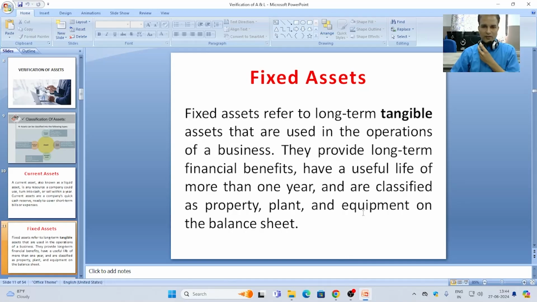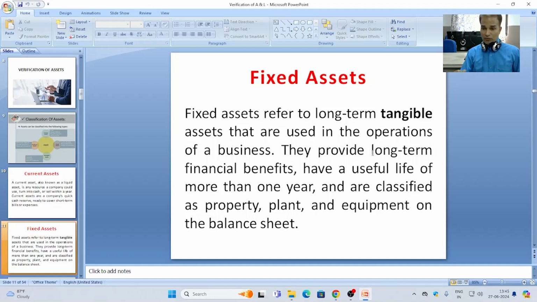Next is fixed assets. Fixed assets refer to long-term tangible assets that are used in the operations of a business. Fixed assets provide long-term financial benefits.